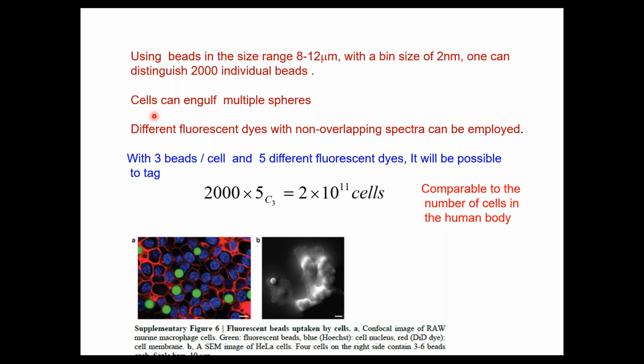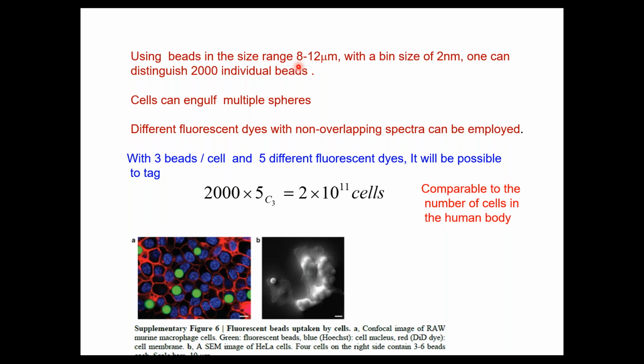If you do that, different fluorescent dyes can be used with non-overlapping spectra. Imagine one spectrum not overlapping with the other, because different organic gain media are used, and different sizes of beads are also used.